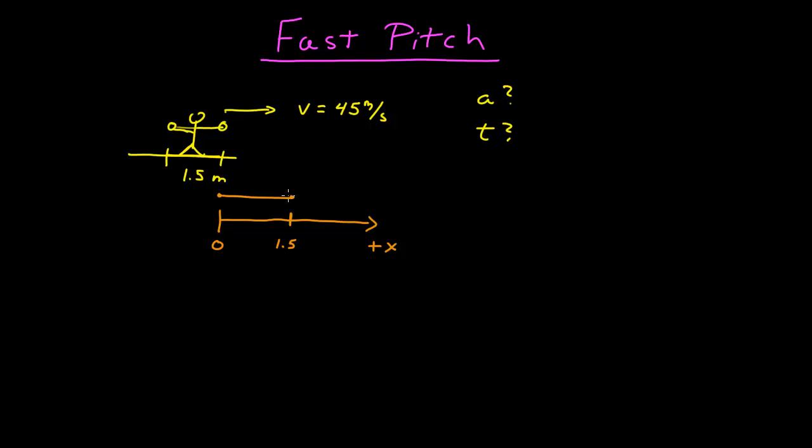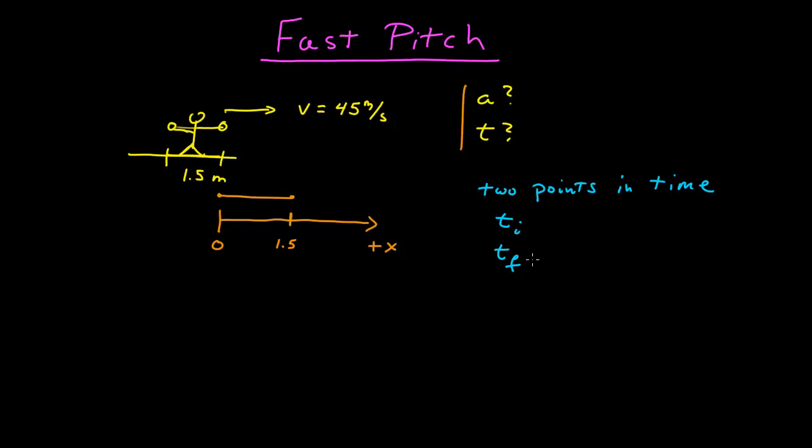Okay, so if I want to find relationships between my parameters to find a and t, I have a series of kinematic equations that do that. First, I need to identify two specific points in time, t initial and t final.